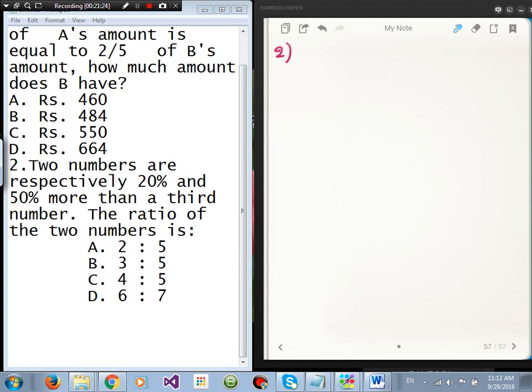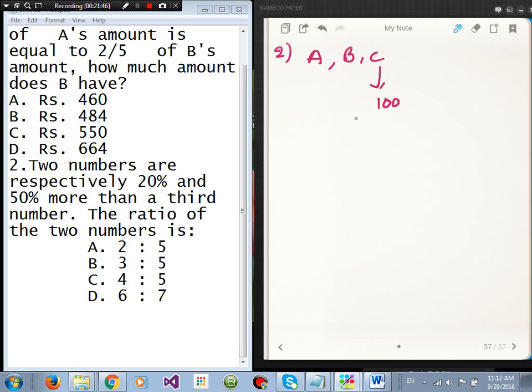Okay, in this question, simply second question, two numbers are respectively 20% and 50% more than the third number. The ratio of the two numbers is asked. So let us take the three numbers A, B, C. I'm assuming that C is 100%.